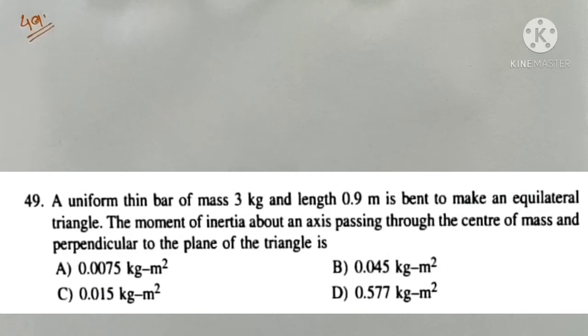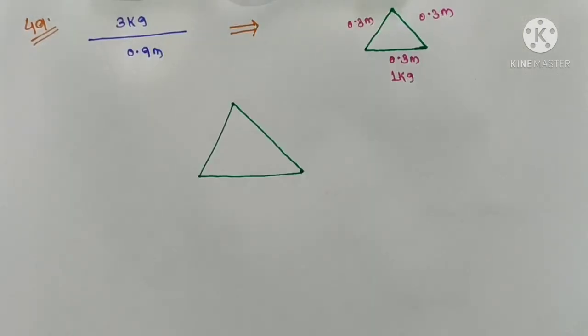Question number 49. A uniform thin bar of mass 3 kg and length 0.9 meter is bent to make an equilateral triangle. The moment of inertia about an axis passing through the center of mass and perpendicular to the plane of the triangle is.